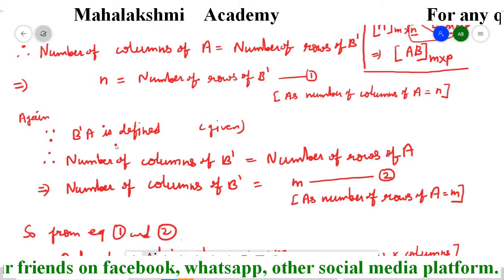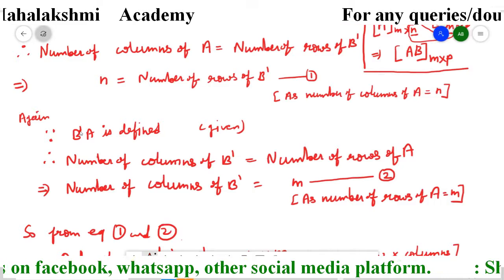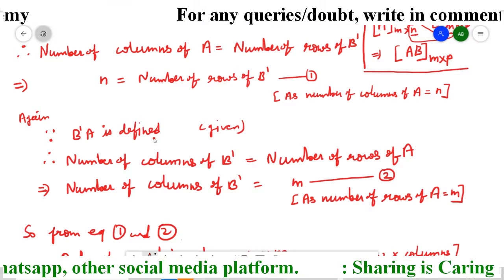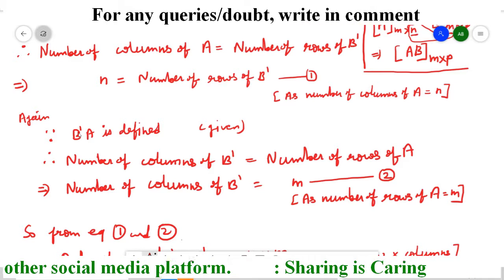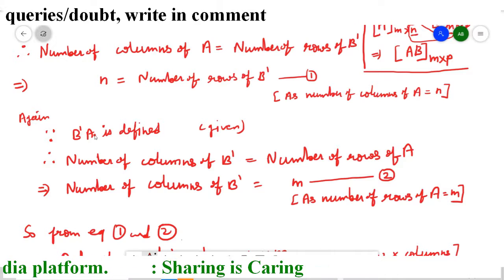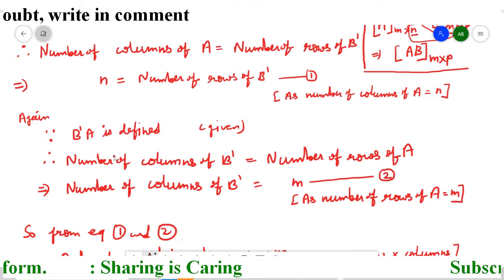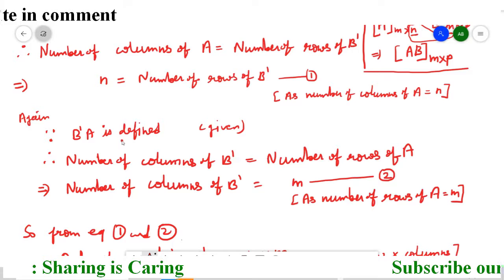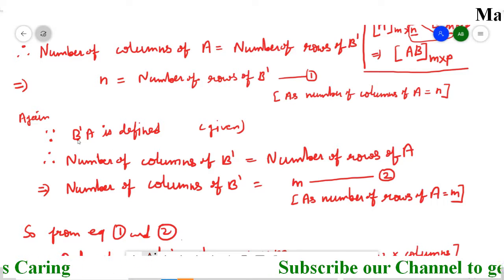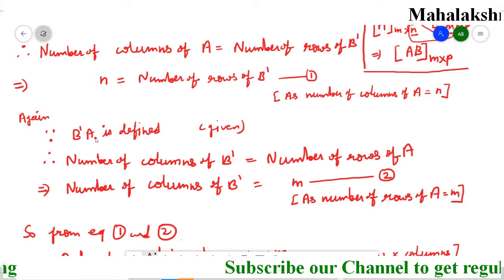Now again in the question it is given that B complement A is defined, or we can say the transpose of B and A is defined. If it is defined, then again the columns of the first matrix are the same as the rows of the second matrix.